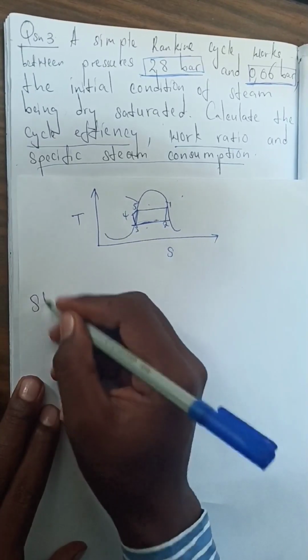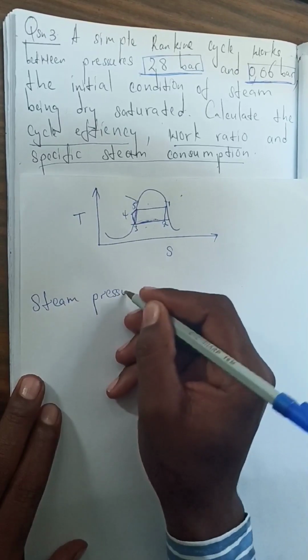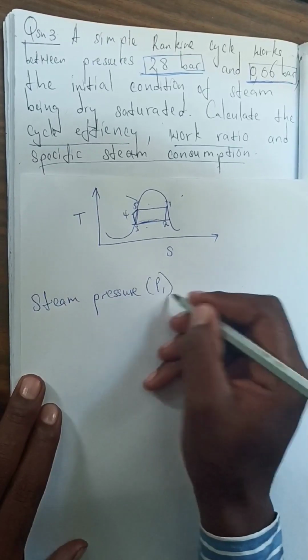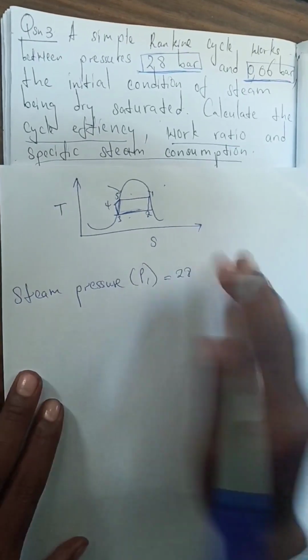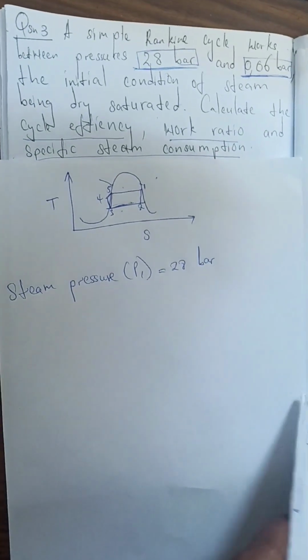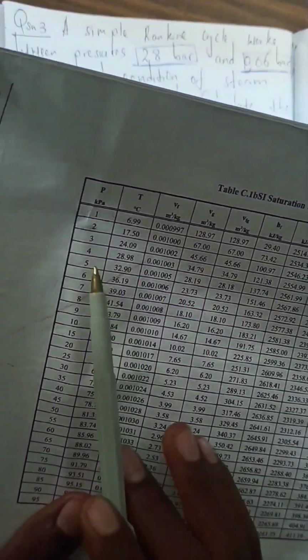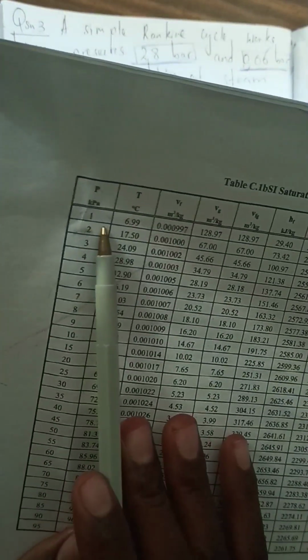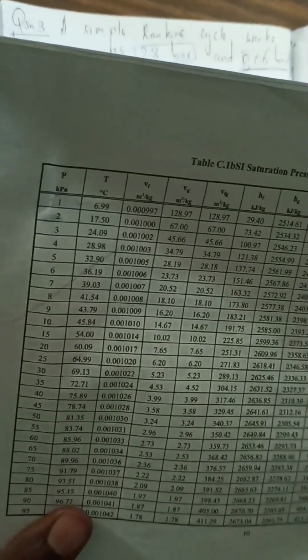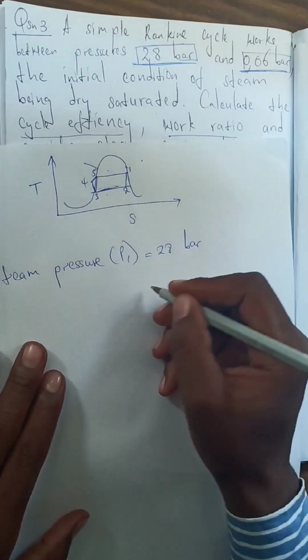Our steam pressure, which is pressure 1, is 28 bar. As we know, on our steam table the units for pressure are given in kilopascals, so we have to change the given bars to kilopascals. It means we have to change this 28 bar to kilopascals.